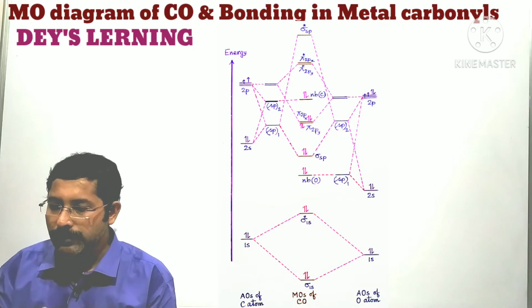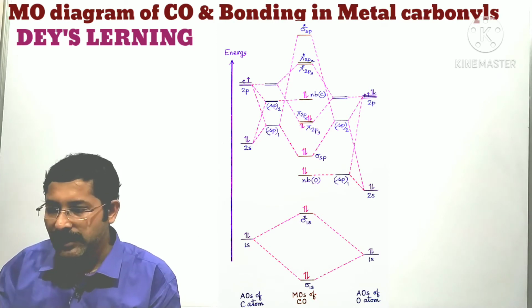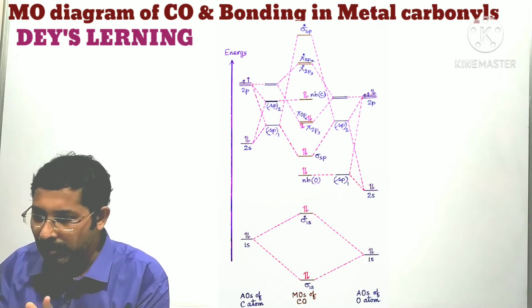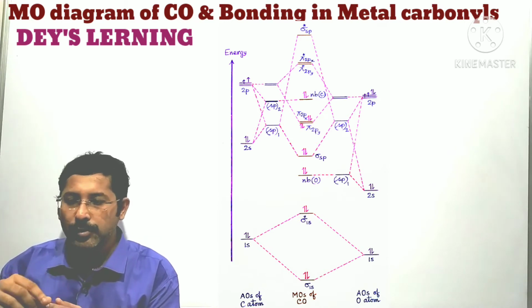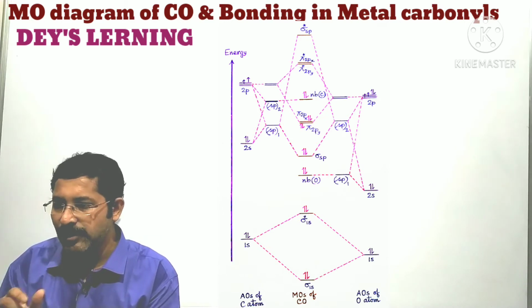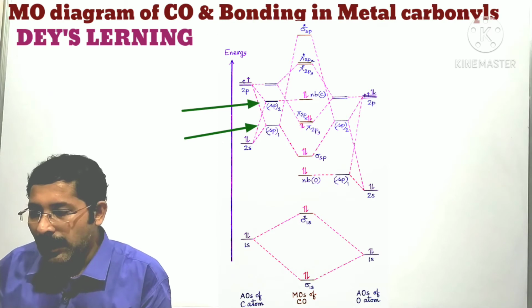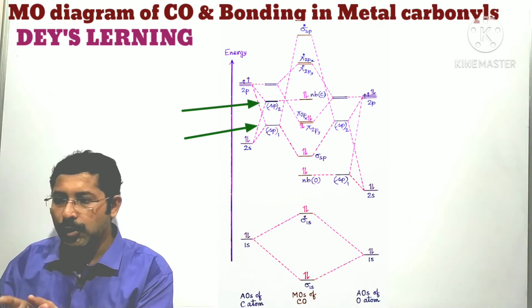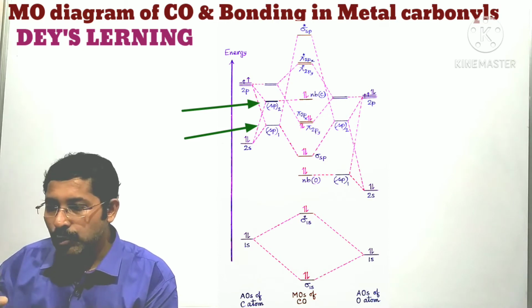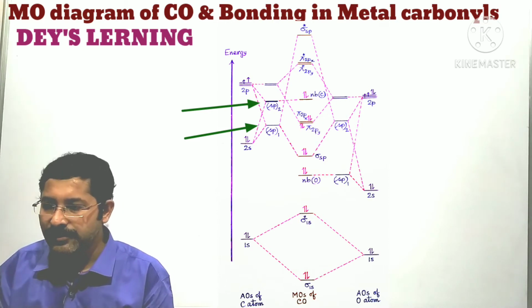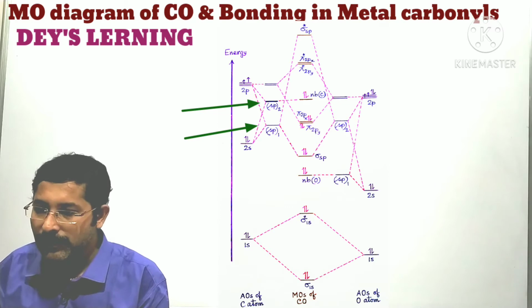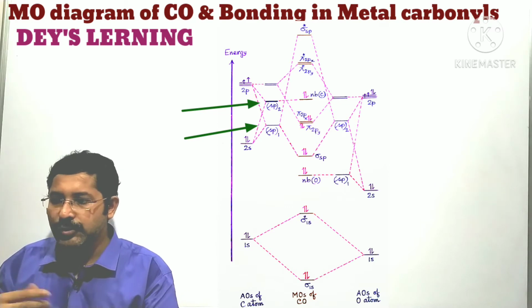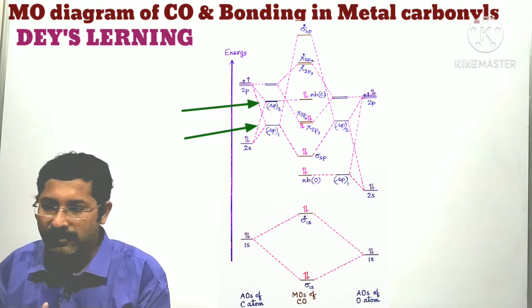The 2s and 2p orbital of carbon combine together to form two hybridized sp orbitals, and look carefully here. The two hybridized orbitals are not of the same energy. So actually some sp mixing phenomenon occurs.